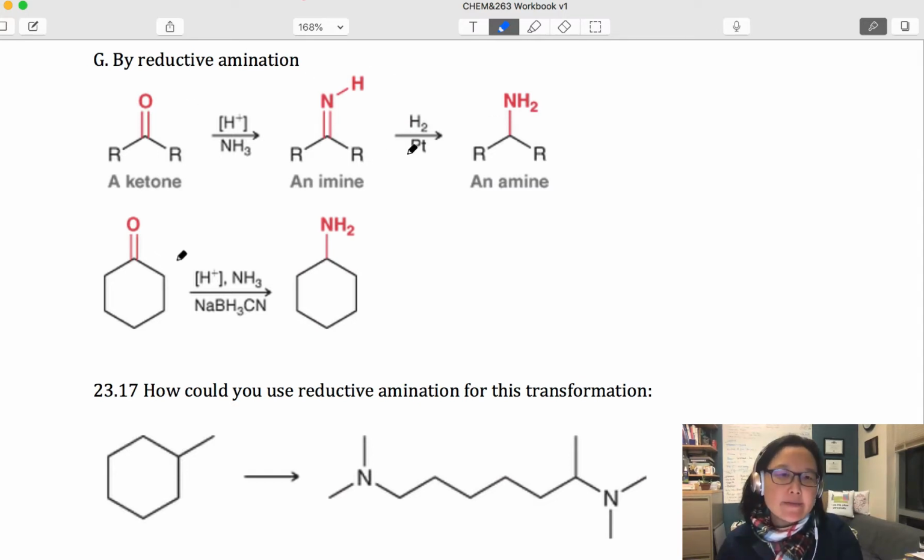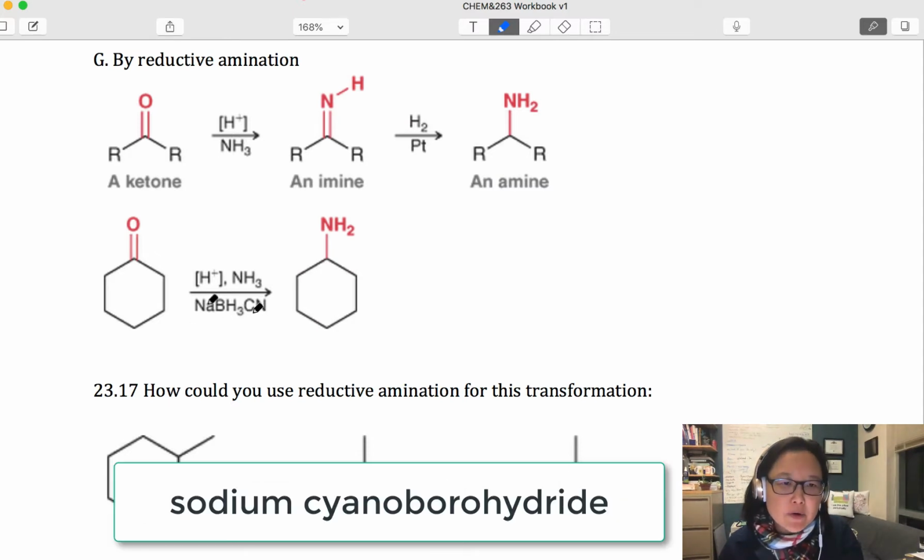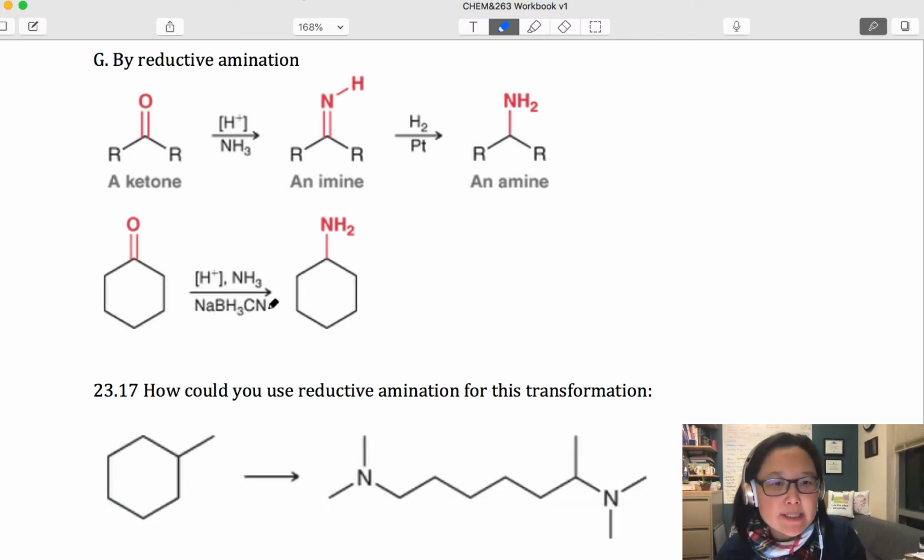Along those lines, if you want to do a one-pot reaction, which means mix everything together, instead of doing two separate steps like this, you could do what we call sodium cyanoborohydride reduction. So this is like sodium borohydride, which is NaBH4. If you put a CN instead of an H, you get cyanoborohydride. Okay, and this is to make the imine, and then this is to do the reduction.